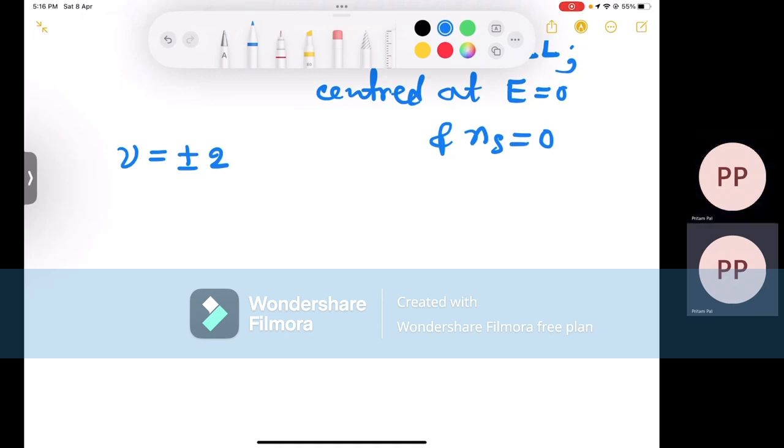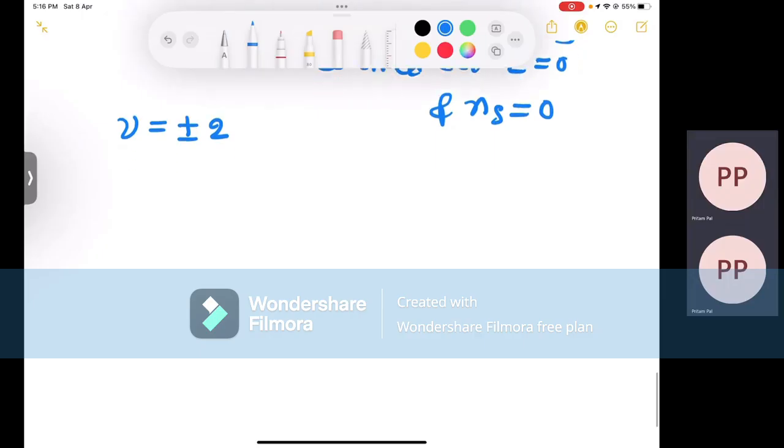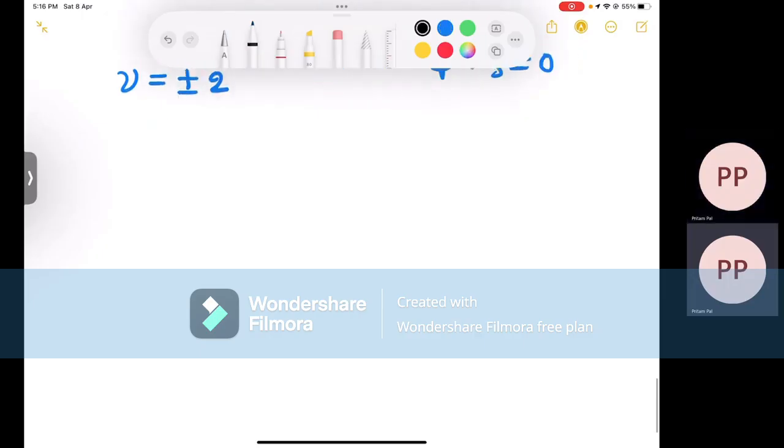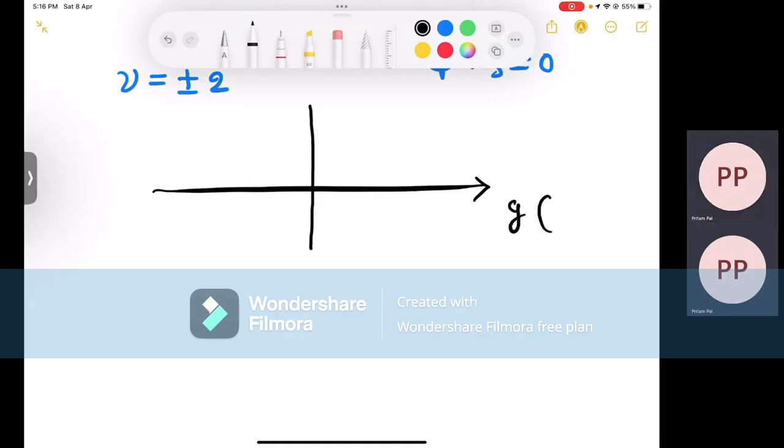So we can draw this on the energy versus density of states. Let's use 0. There will be the energy level.